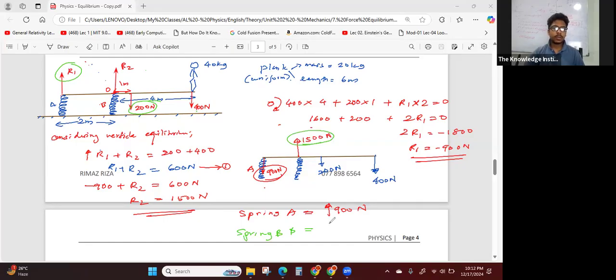Therefore, the force acting on the spring by the plank will be 1500 Newton downward. So spring A is under tension, and spring B is under compression.